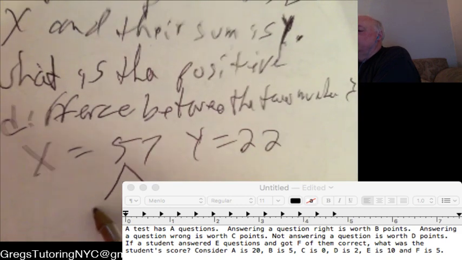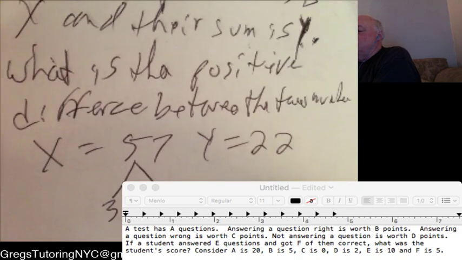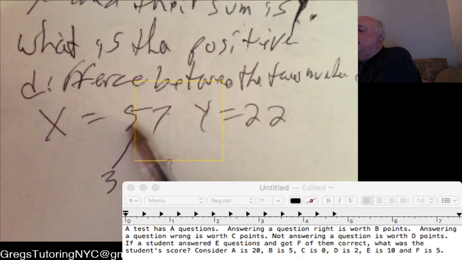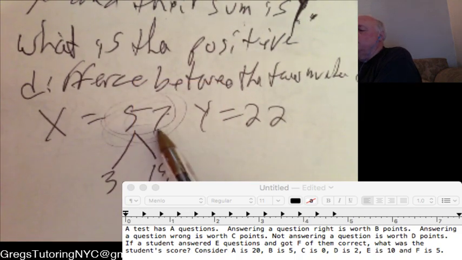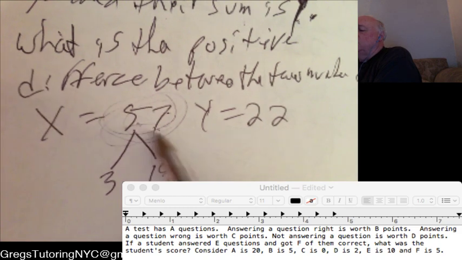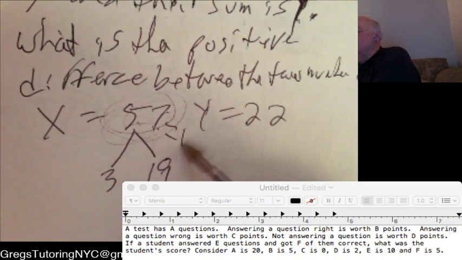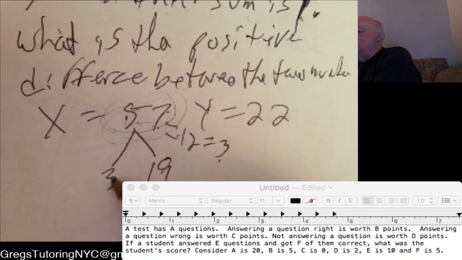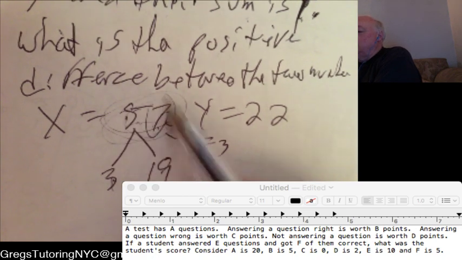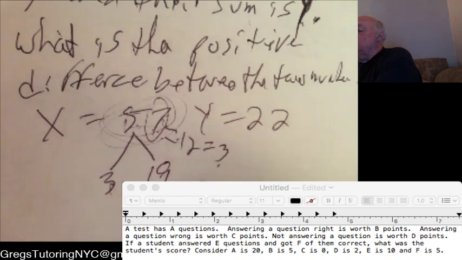And this is my standard 3 and 19. And I know it's 3 because the digits add up to 12, and 12 is divisible by 3. I can also run that through one time: this is equal to 12, and I can run it through one time, add it up again, and I got 3. So I know this is divisible by 3. I know it's not divisible by 2 because it's odd. So I get 3 times 19.